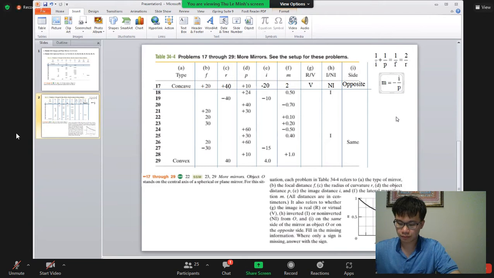And you should follow the sign rules for object distance, image distance, radius, and focal length.